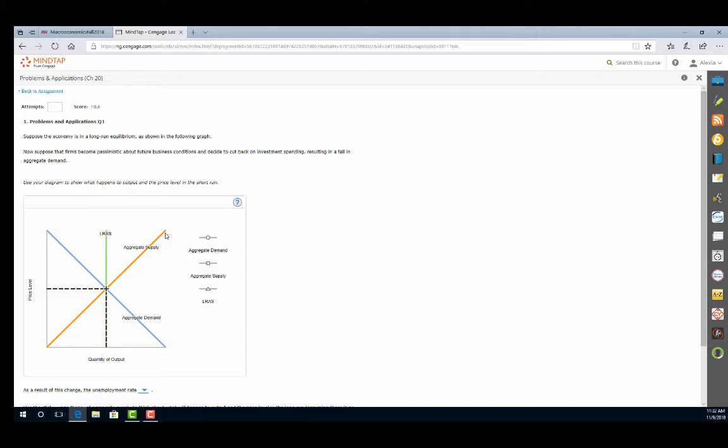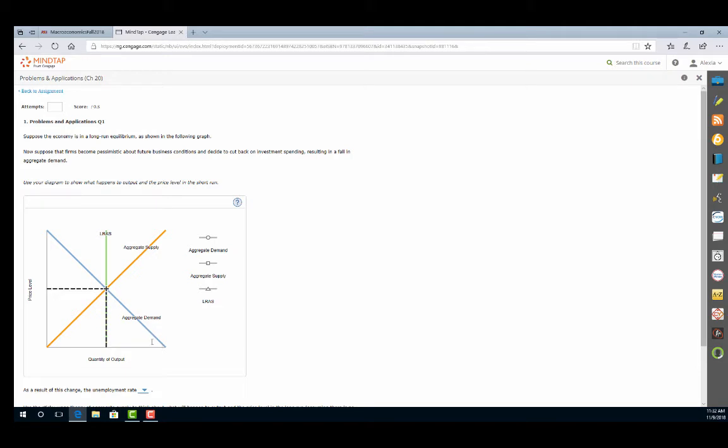So wages are set at some level, and then if for some reason they change, then we would have a whole new, different short-run aggregate supply curve. Keep in mind that the long-run aggregate supply curve has no connection to the price level because in the long run, all adjustments have been made. So it's a key distinction between long run and short run.